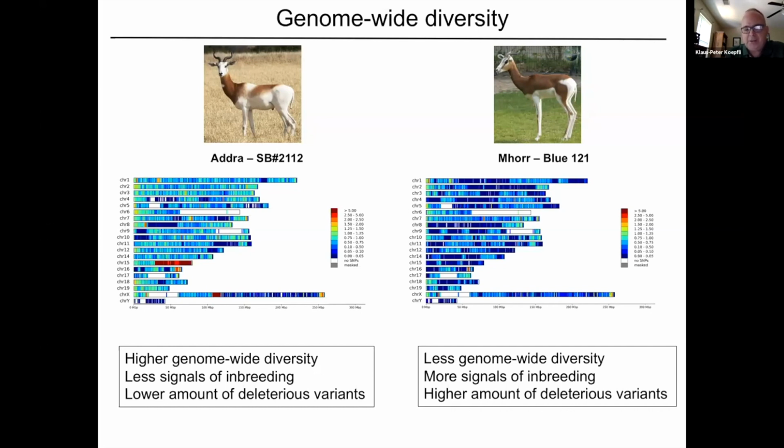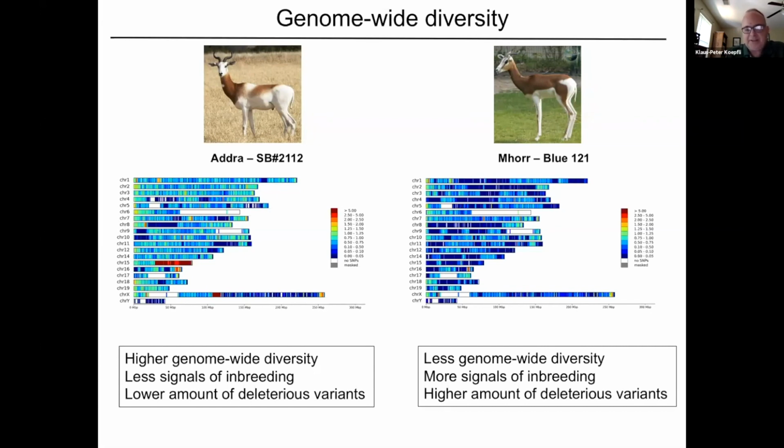We find higher genome-wide diversity in the Adra gazelle, and that's shown here by the variants that are mapped across the chromosomes. The reference individual that we sequenced is what's called a chromosome level assembly, so we can characterize variation on specific chromosomes of the dama gazelle.